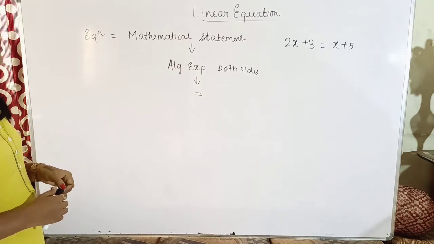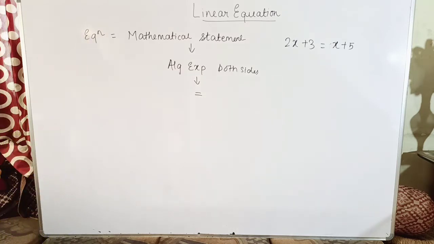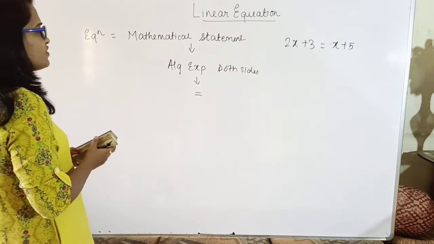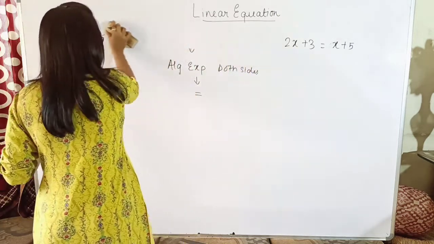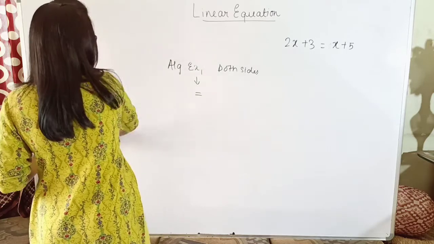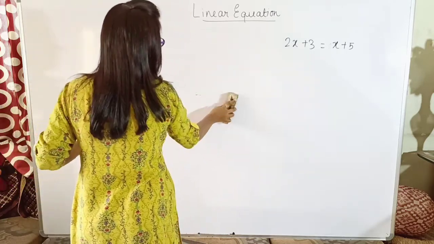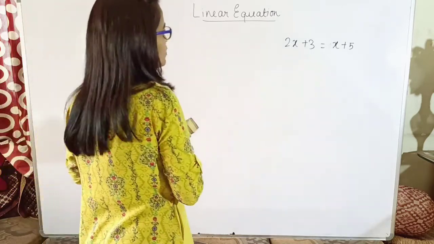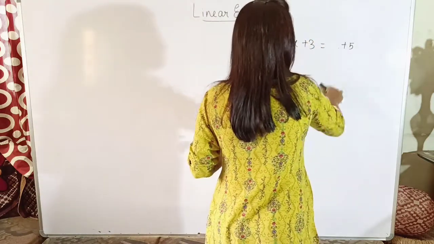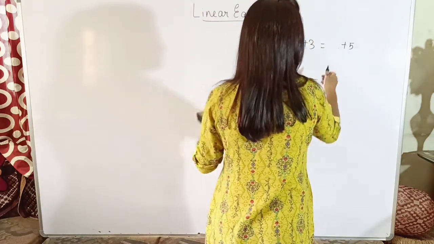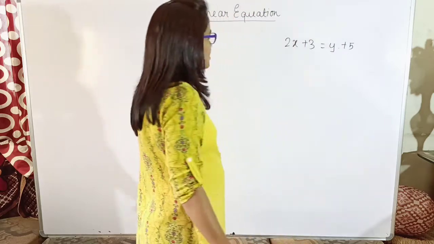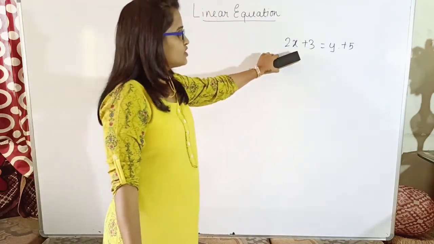Okay, so the next thing is, what is meant by linear? Does the word linear also have something specific with it? Yes, for your study you are going to study the linear equations which are present in only one variable. Now what is the meaning of that? Let us replace this x with y. Now is this an equation? Yes.